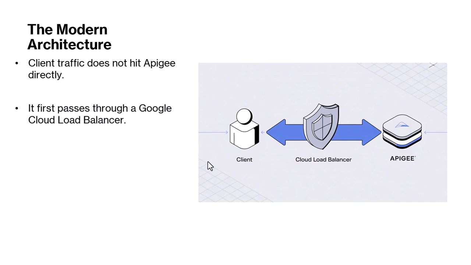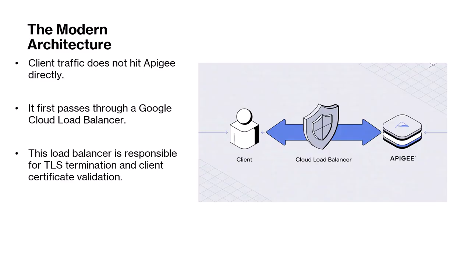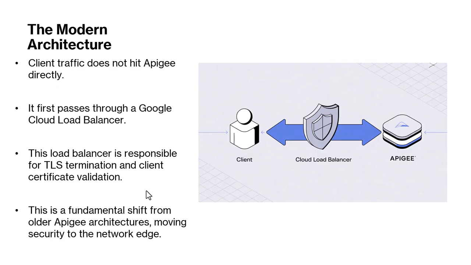This load balancer is responsible for the entire TLS, or transport layer security, handshake, including the critical step of validating the client certificate. And this represents a major architectural shift, moving the security function away from Apigee to the broader cloud network layer, which provides global scale and centralized control.